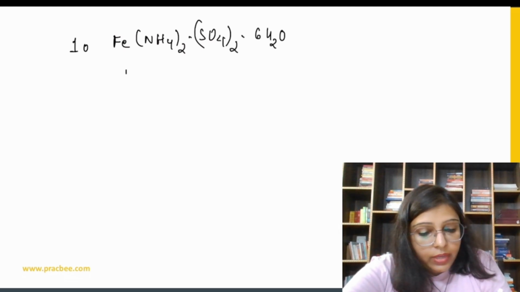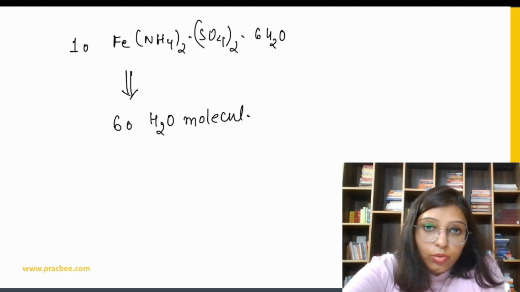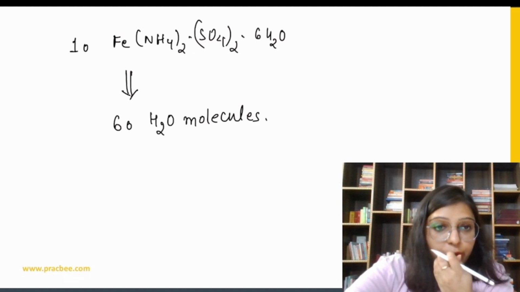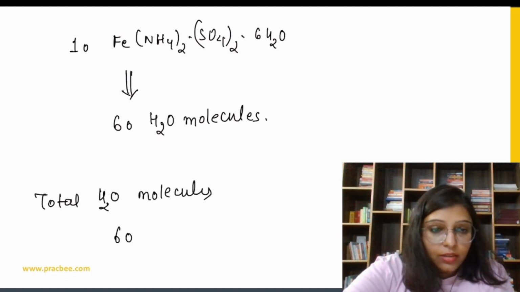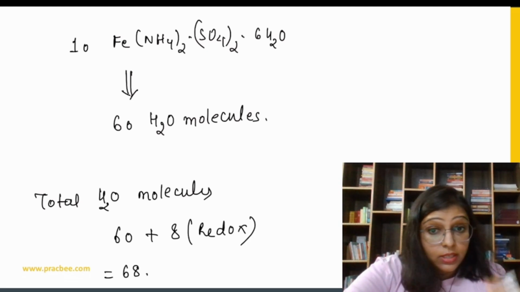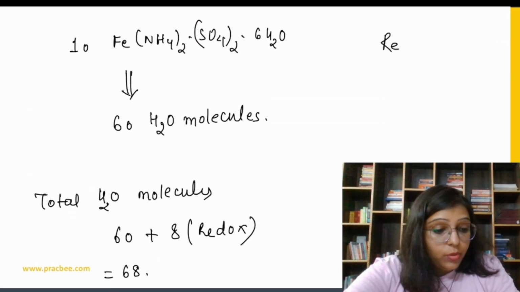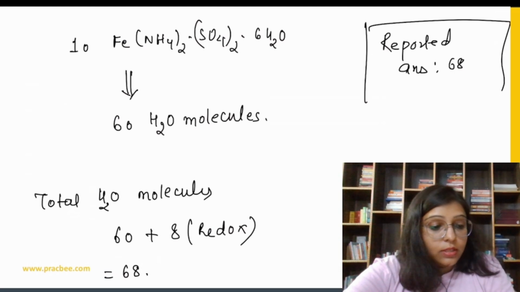So with 10 moles we have 60 water molecules, and they are also going to be produced. So total water molecules: 60 from the hydrated part and 8 from the redox part is equal to 68. So that's why the reported answer is 68.